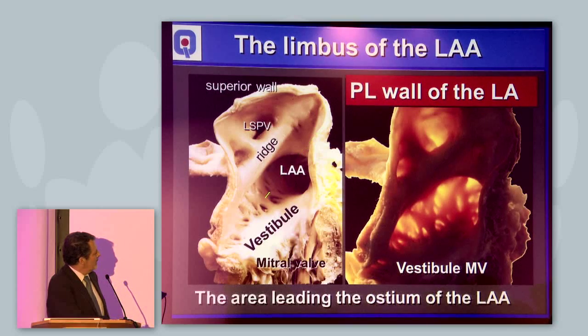Please note here the vestibule to the mitral valve, and please note the area leading to the ostium of the left atrial appendage. This area has been described by Dr. Lopez Minguer and Sanchez Quintana as the limbus of the left atrial appendage.